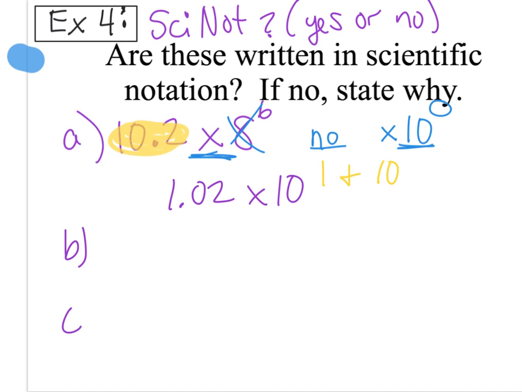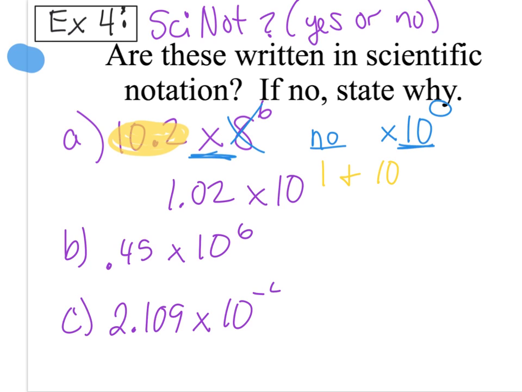All right, try B and C for me, and then I'll go over answers. So B, 0.45 times 10 to the 6th, and C, 2.109 times 10 to the negative 4.